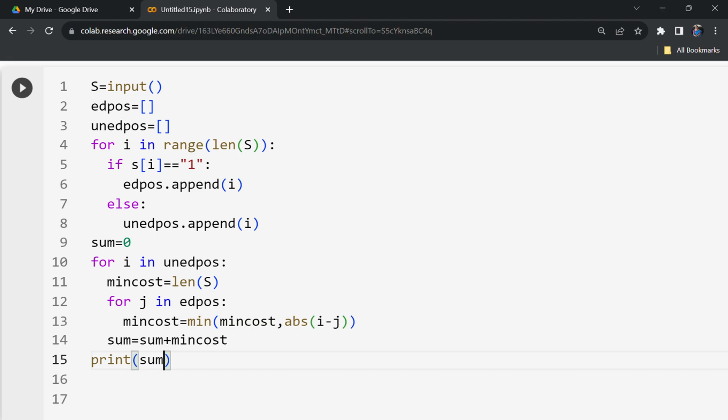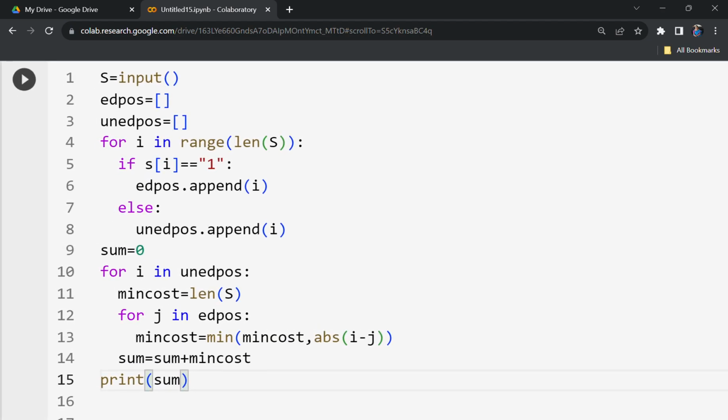So this is the code. Let me explain this again. We will read the input in the form of a string. Then I am creating two empty lists, educated people's positions and uneducated people's positions. If the status is 1, I will update that position to educated people's positions, and if status is 0, I will update that to uneducated people's positions.